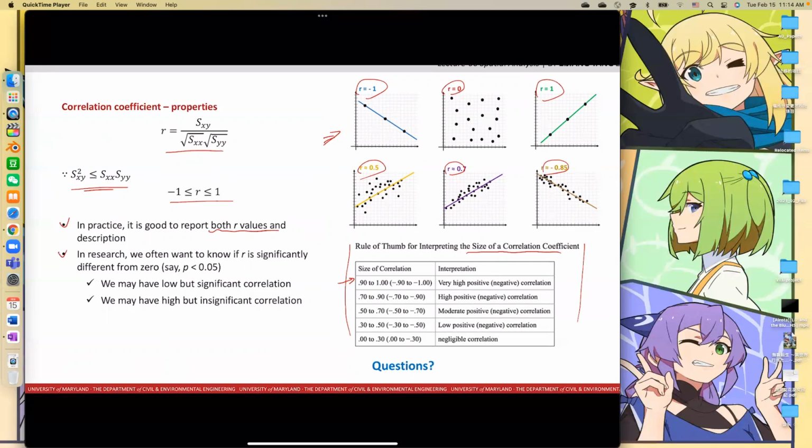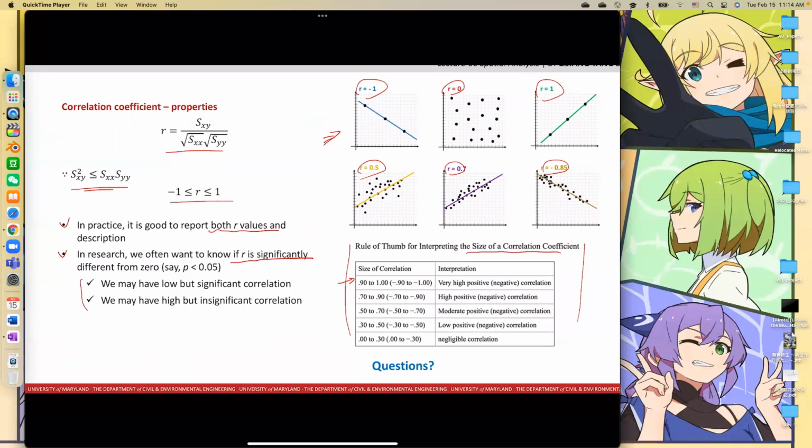On the other hand, I also want to mention that in scientific research, we often want to know if the R, the correlation coefficient, is significantly different from 0. Say, if P is smaller than this value, we may say their correlation is significant or not significant, which is similar to a t-test.